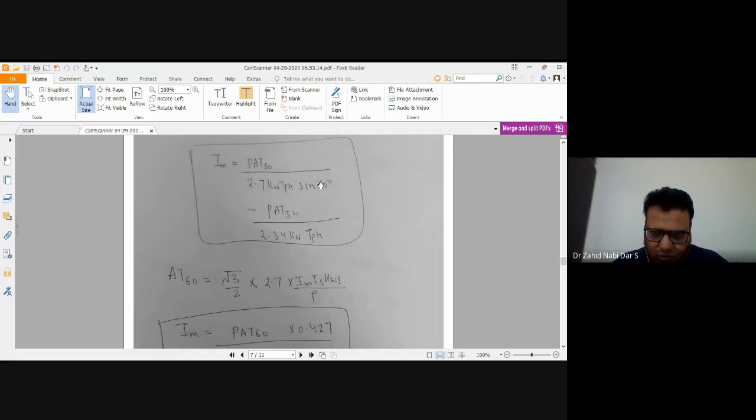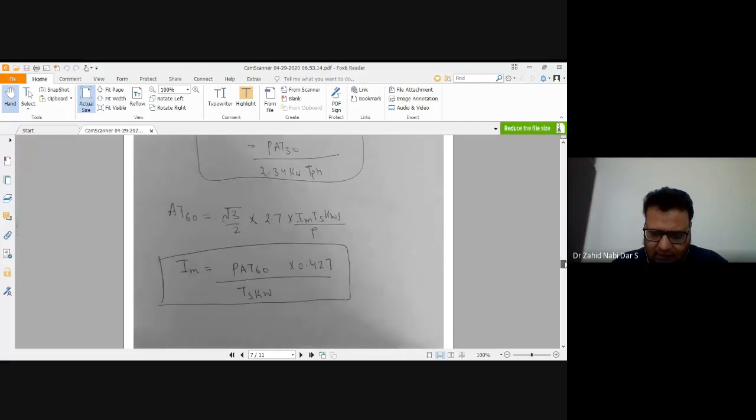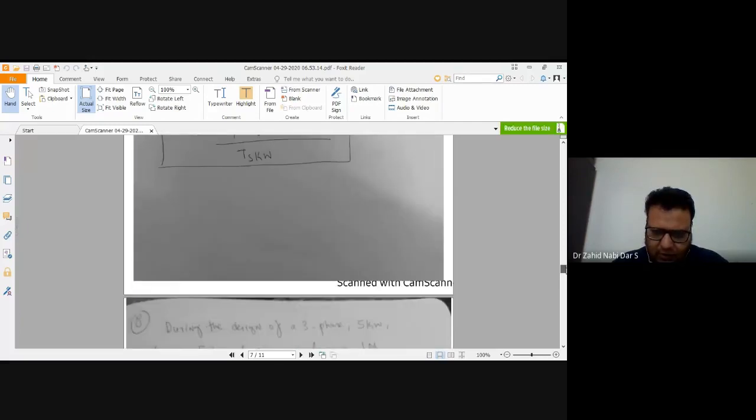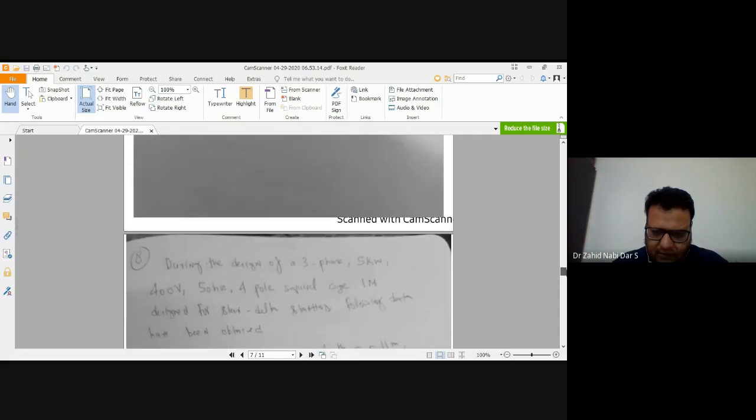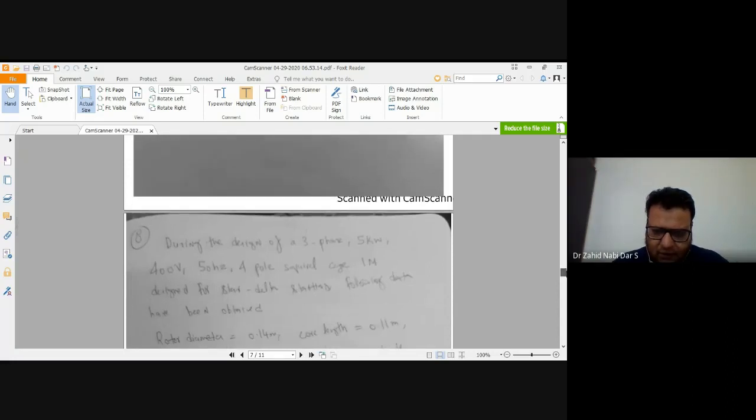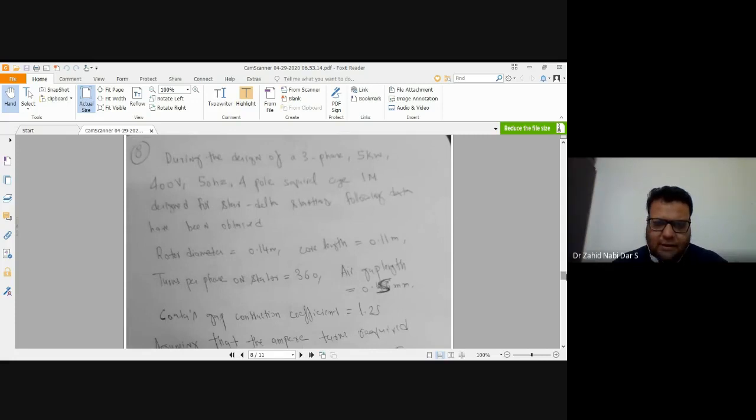So you have to substitute 30° instead of sine 60. So sine 30 would be 1 by 2. At that time you will get this formula, but usually we are not using it. If they have mentioned that angle, accordingly you substitute 2.7 into 1 by 2. Otherwise we know that we have to use this at 60 degrees only, because the interpolar axis and the harmonics are getting eliminated. For better understanding the concept, we'll go to a numerical and try to solve it and understand this.